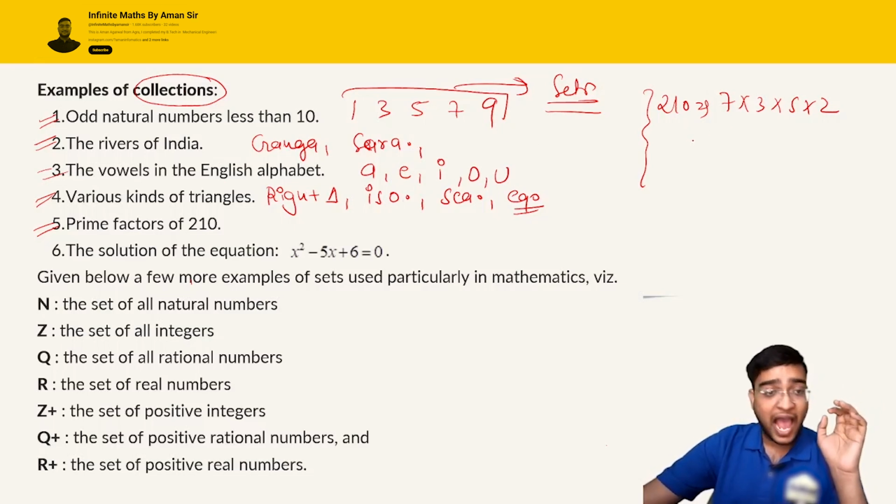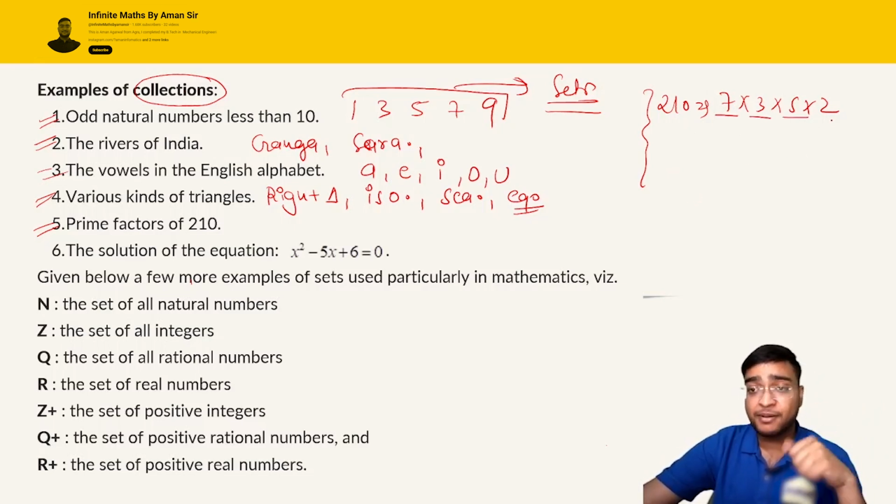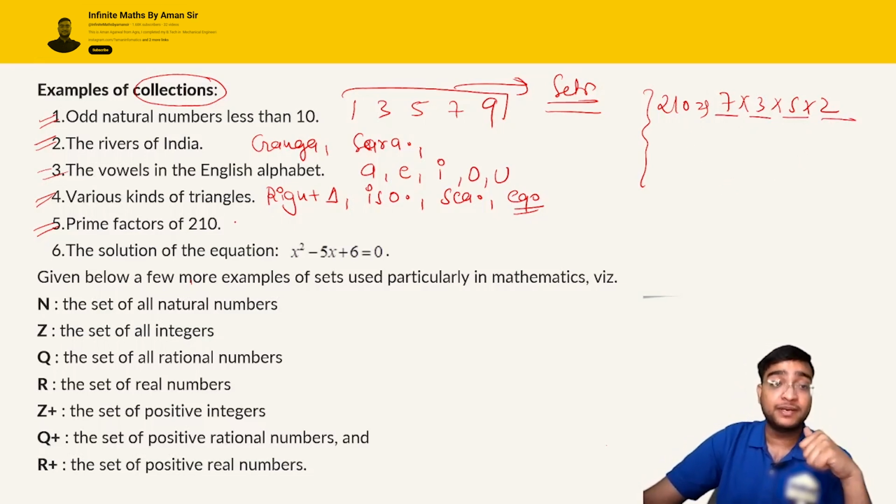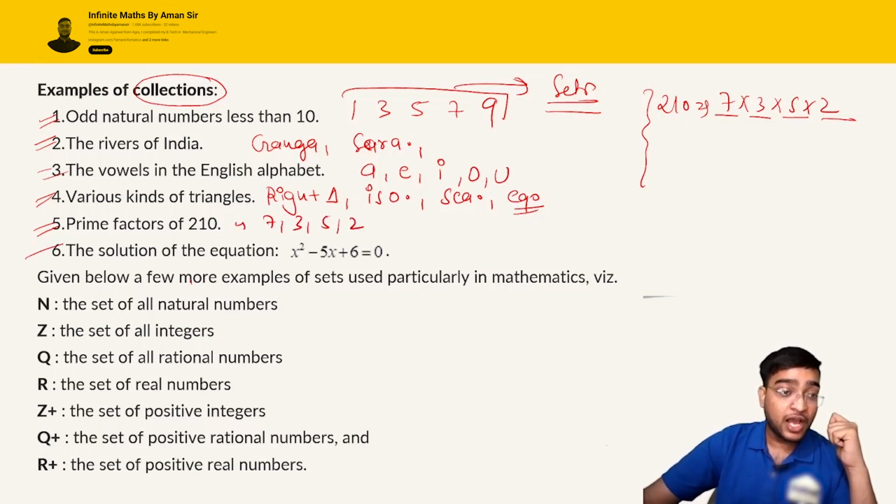Here 7 is a prime number, 3 is a prime number, 5 is a prime number, and 2 is also a prime number. So there are 4 prime numbers, 7, 3, 5, 2, which are the prime factors.